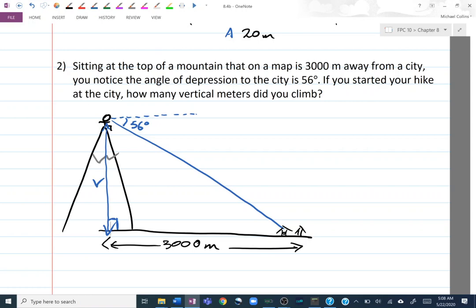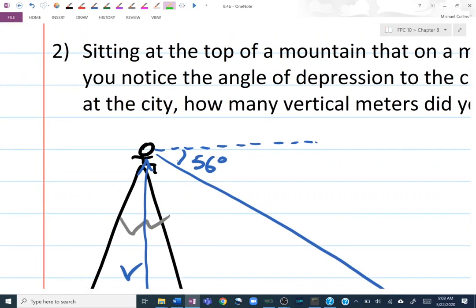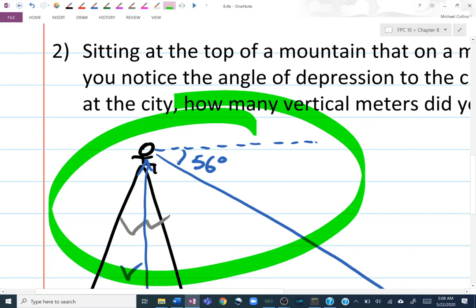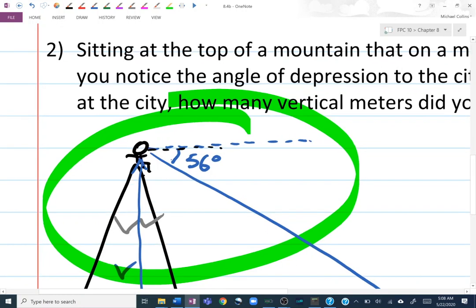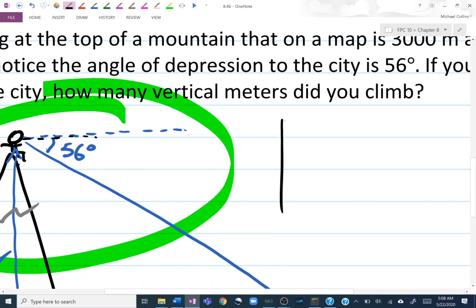But if we look at this section right here, we'll see that between my horizontal and my vertical must be 90 degrees. And if I draw that separately over here, this is 56 degrees, but this has to be 90 degrees.